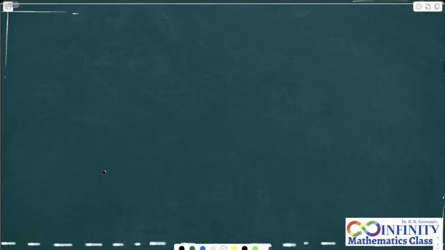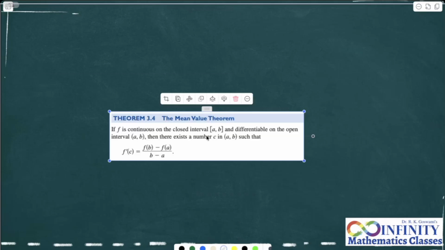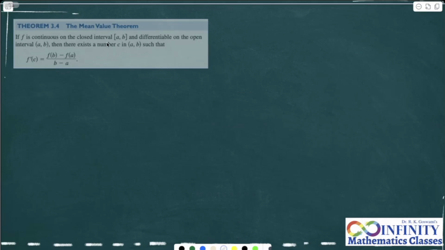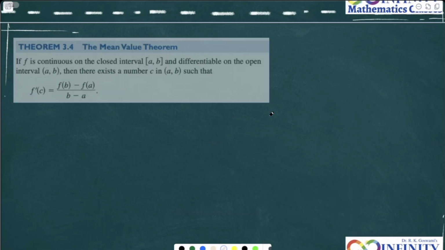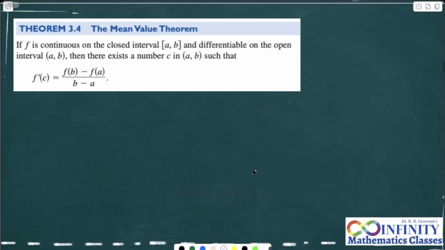Next, there is a variant. There is a new theorem called the mean value theorem, and Rolle's theorem is a special case of the mean value theorem. Let me just paste the theorem first. The mean value theorem: f prime c equals f(b) minus f(a) over b minus a.